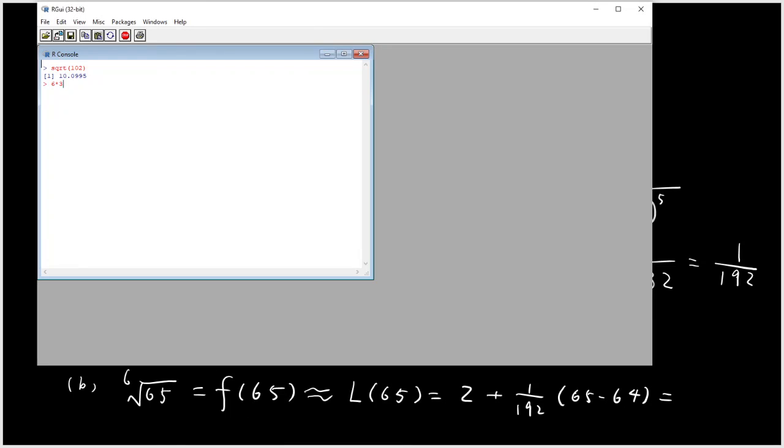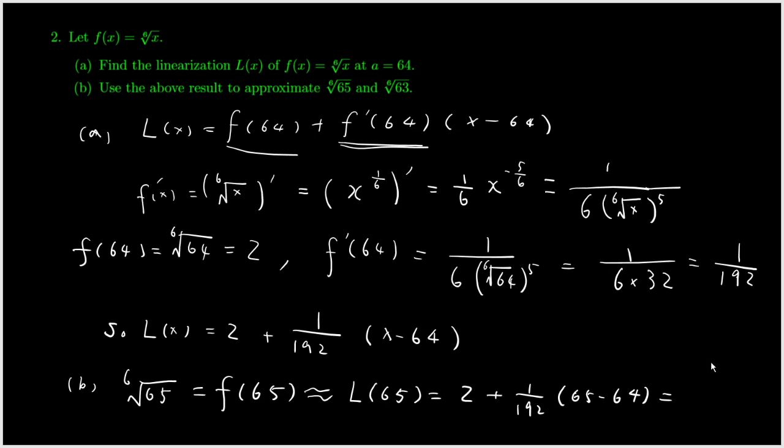I think it is 192 times 2, 385 over 192. Probably that's right. Again, for the assignment or on the final, I'm going to specify to write the final answer as a fraction.